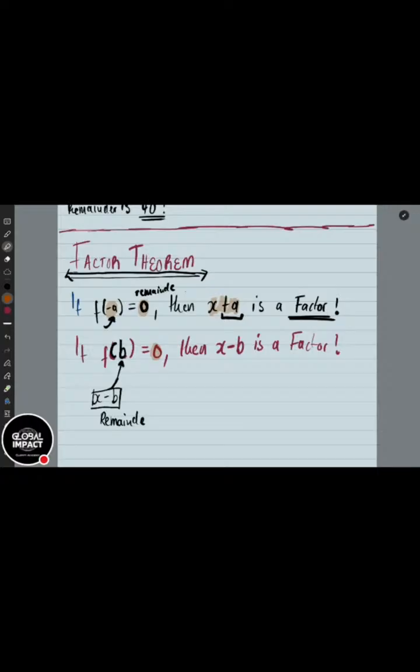If you get a remainder of 0, that means that x minus b is a factor. Most of the time, they will tell you that something is a factor. When they tell you that something is a factor, you are going to apply the theorem. And when you apply the theorem, you will be able to find whatever the values.